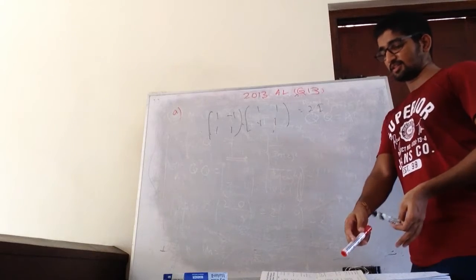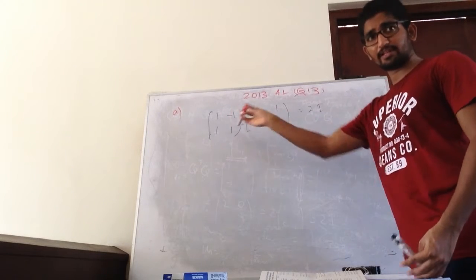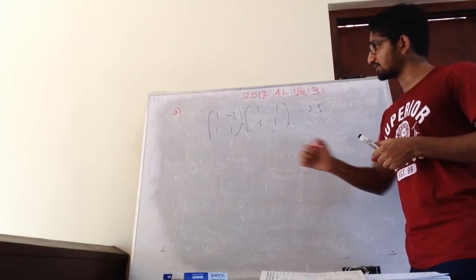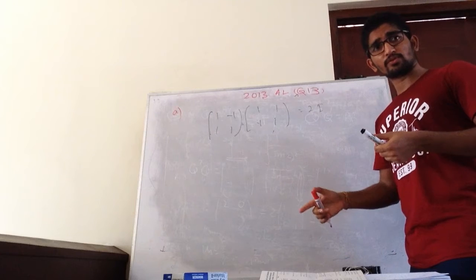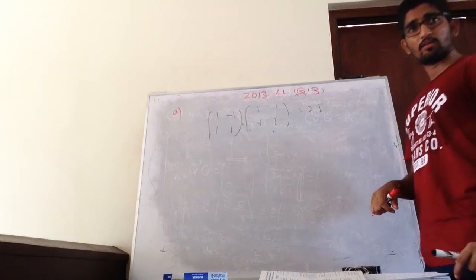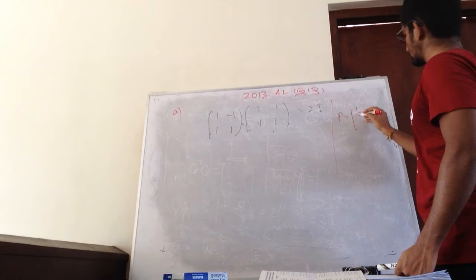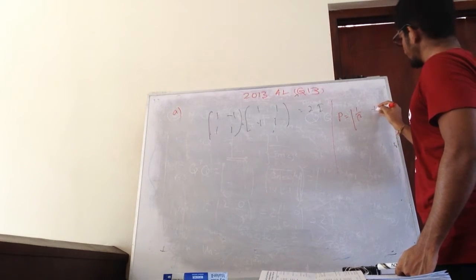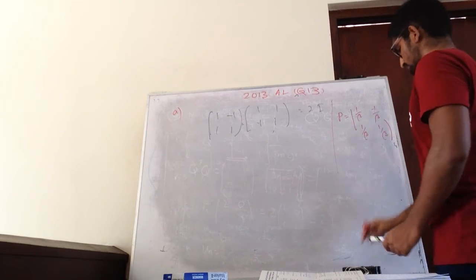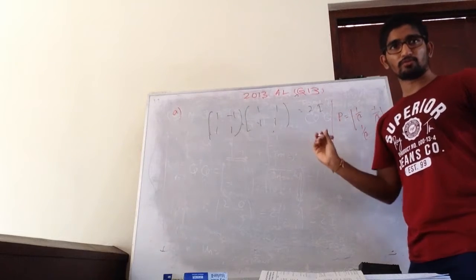I see that this P is basically this divided by square root of 2. If this is divided by square root of 2, you basically get P, which is given. Now they have given P, and this is divided by square root of 2.